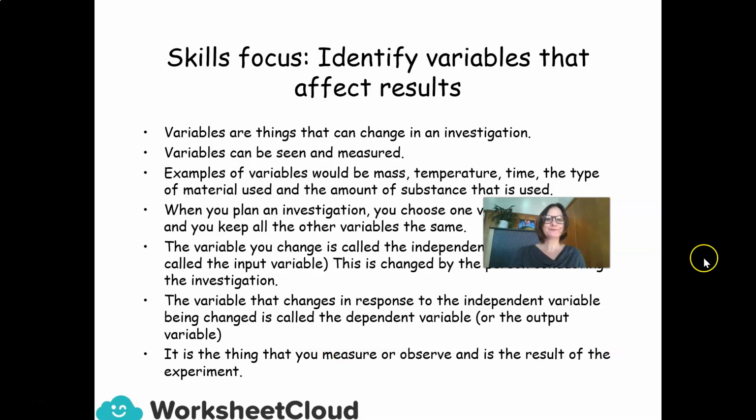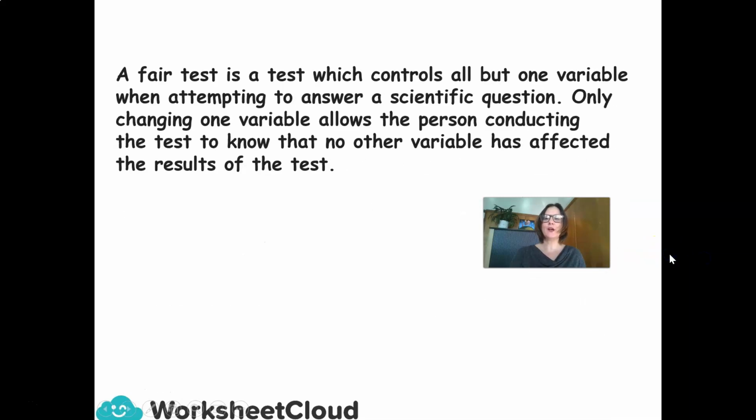Okay, so let's go through this in a little bit more detail so that you can understand it a little bit better. So, as I said earlier, we have to make sure that any investigation we do in a science class is a fair test. Okay, and I have to share with you, often in my tests, I say to my classes throughout the years, was this a fair test?